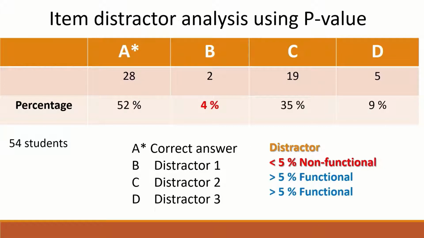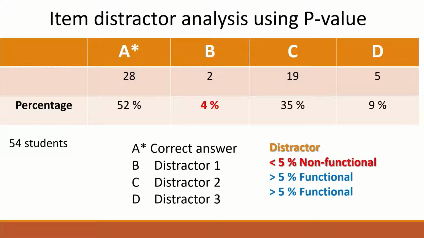To calculate the percentage for each, for the first distractor B, 2 students selected the distractor, so 2 divided by 54 multiplied by 100 equals 4%.